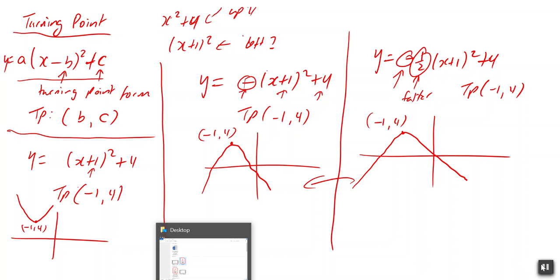Hopefully this helps. And also, very importantly, the axis of symmetry is just the x value of the turning point. So you go x = -1 here, x = -1, x = -1.